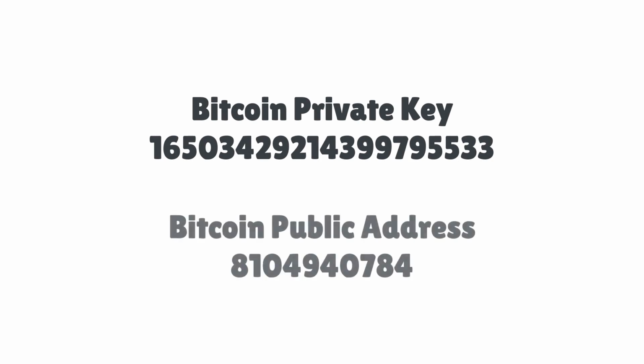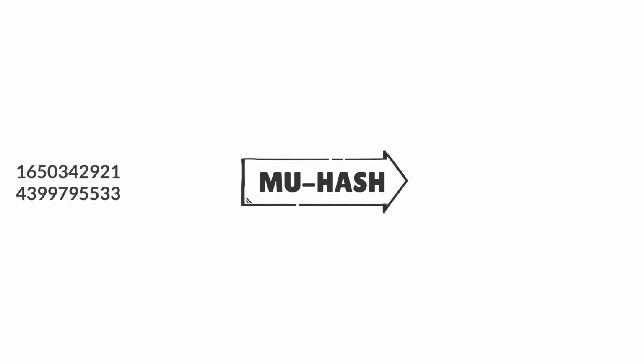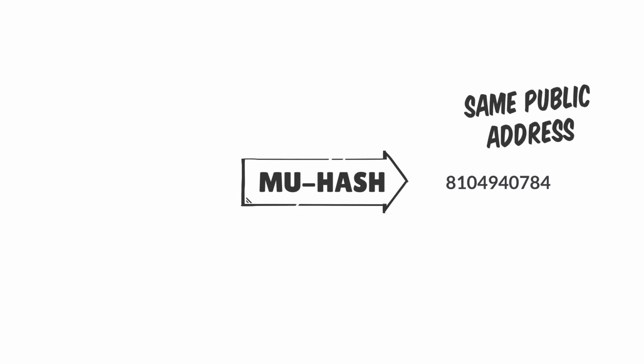So we are left with Bitcoin private key equals 165034292 and so on, and Bitcoin public address equals 81049,40784. Every single time we do this one-way MU hash on the same original Bitcoin private key, we will get the same Bitcoin public address.